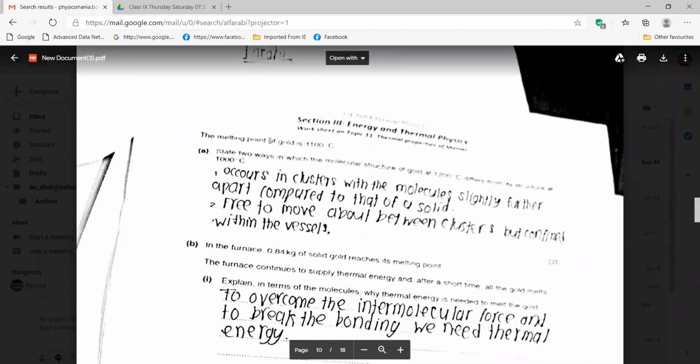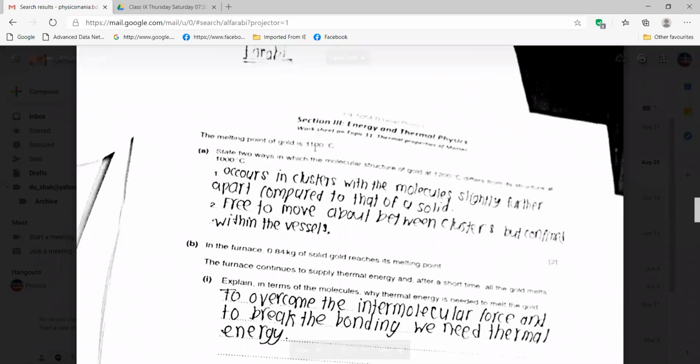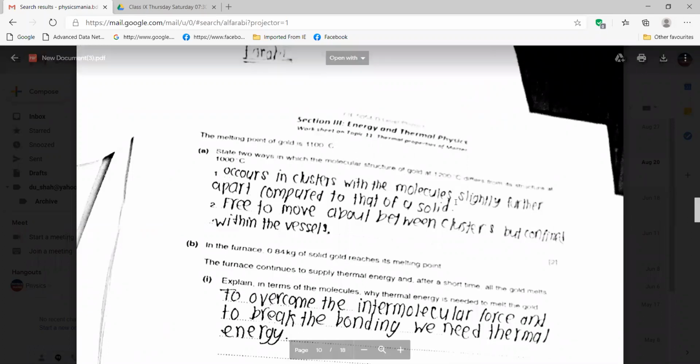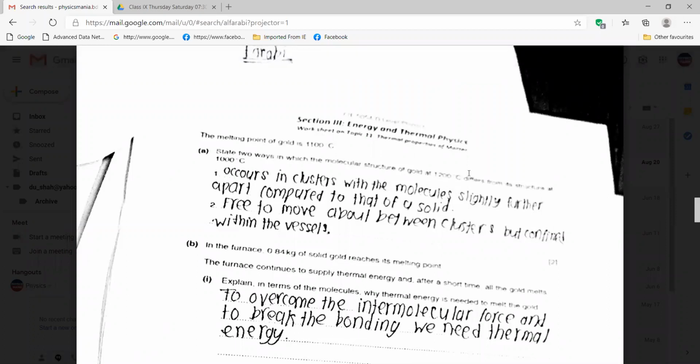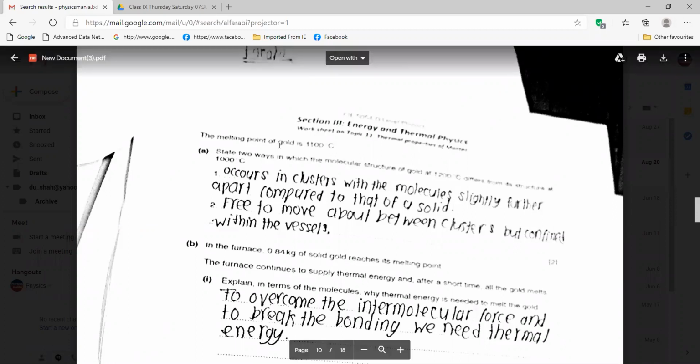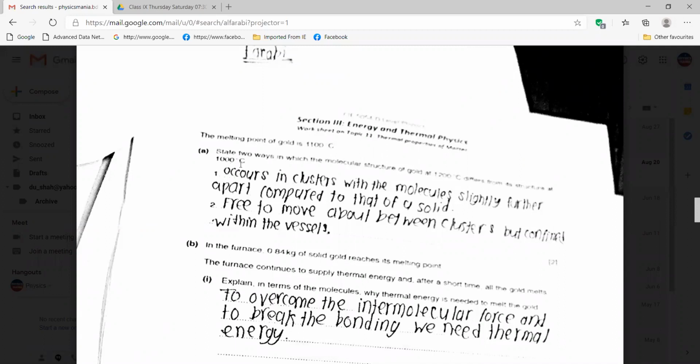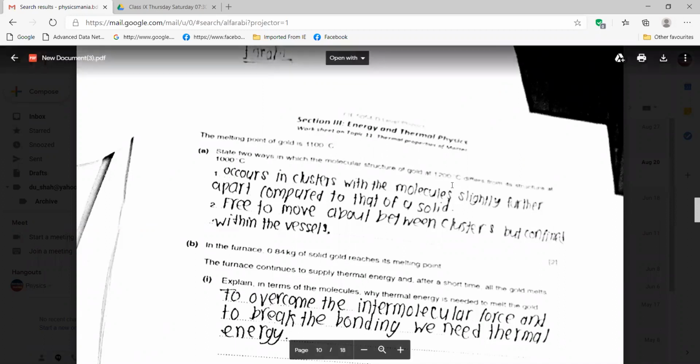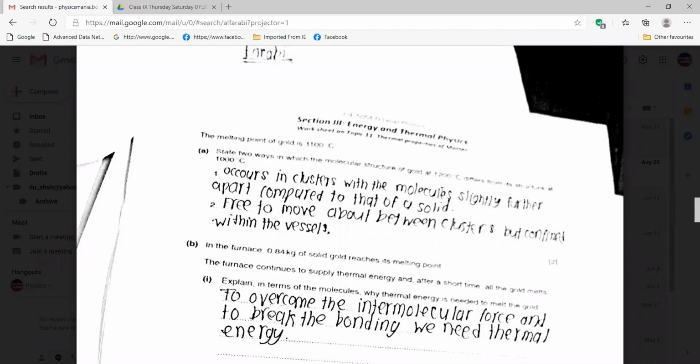Because the melting point of gold is 1100 degrees Celsius. So at 1200 degrees Celsius, it will become liquid, and at 1000 degrees Celsius, it is solid, right? That's why they are indirectly asking you the structure of solid and liquid.